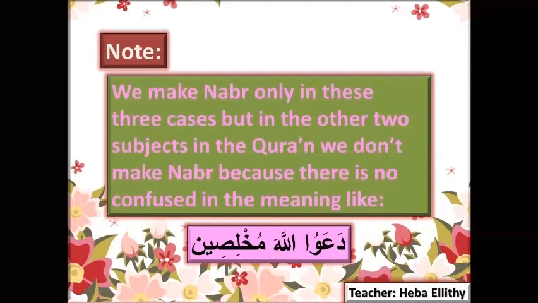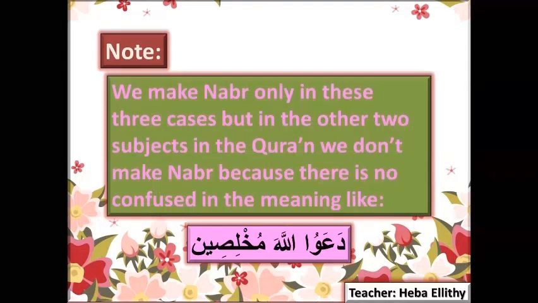But in other verbs, it's very confusing. If I don't make nabr, it will give me the feeling that it's one person who made the verb, which changes the meaning of the Quran. Again, everything we explain in the Tajweed rules, these are rules, and this is what the scholars understand and what we learn from them.